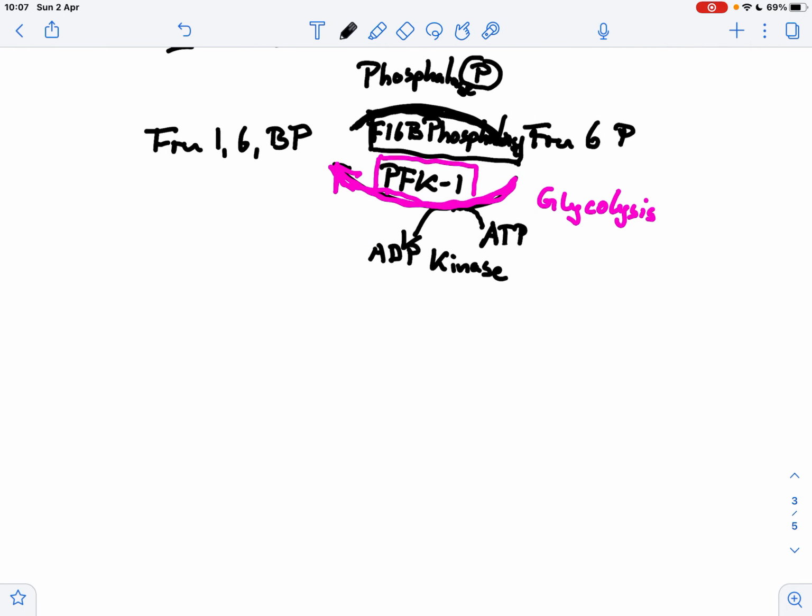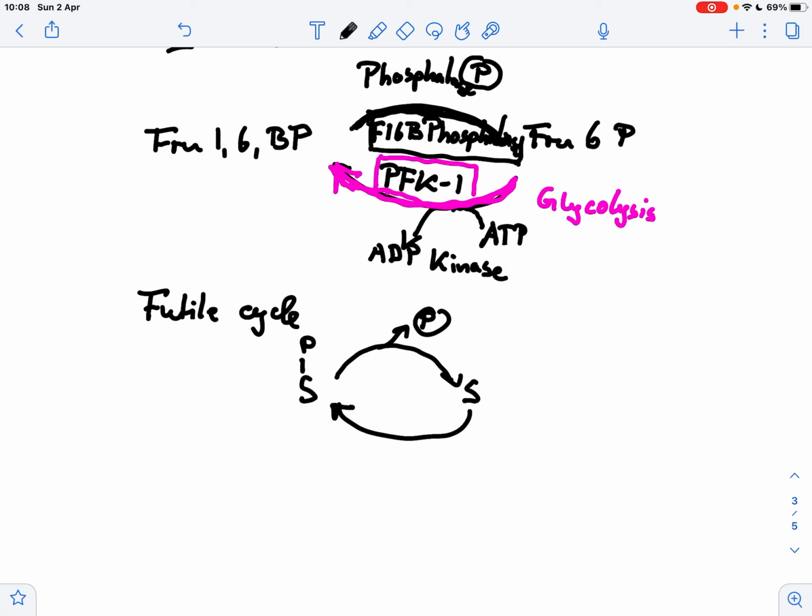And I told you that this used to be called a futile cycle, but it's not futile, because what we have here, let me just simply show that as substrate. Here we do substrate phosphate. We remove the phosphate. We've got the substrate.